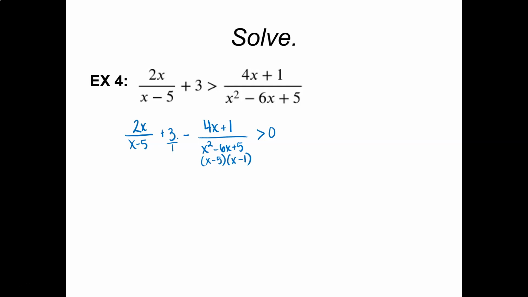So we need x minus 5, x minus 1 to be our common denominator. The first fraction needs an x minus 1. The second fraction needs both x minus 5 and x minus 1. And the last one, what does it need? Nothing. We leave it alone. And the 0, we're going to leave it alone.